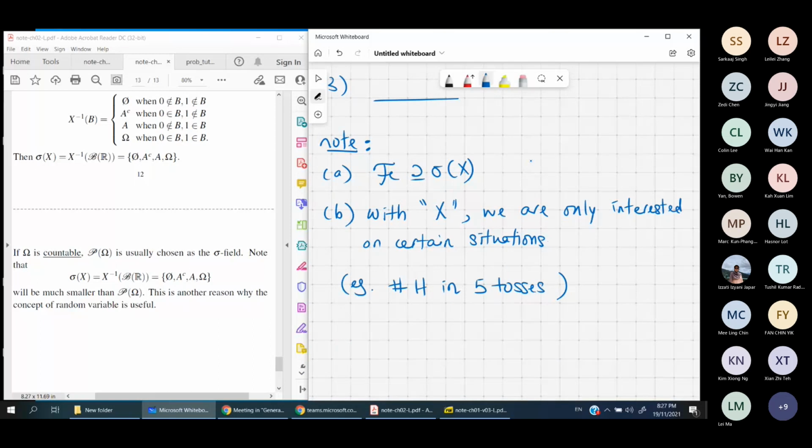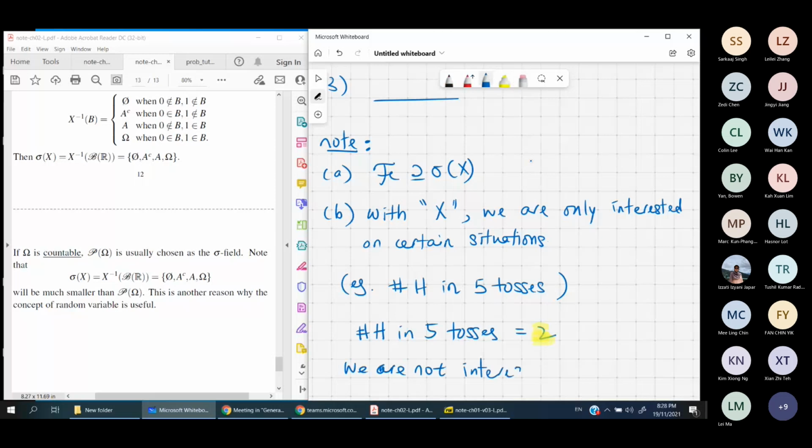Let's say we look at the number of heads in 5 tosses being 2. This is good enough already, so we are happy.